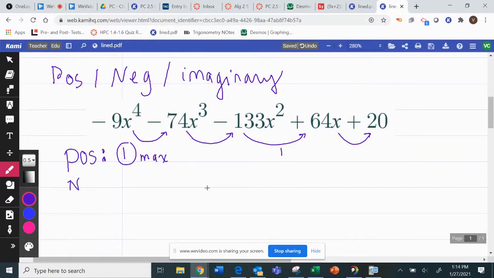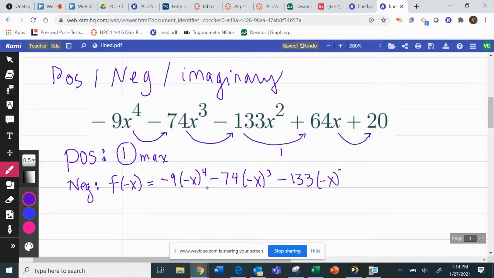To do negative, we have to first find the equation with negative x plugged in instead of x. So we do negative 9 times negative x to the 4th, minus 74 times negative x to the 3rd, minus 133 times negative x squared, plus 64 times negative x, and plus 20.